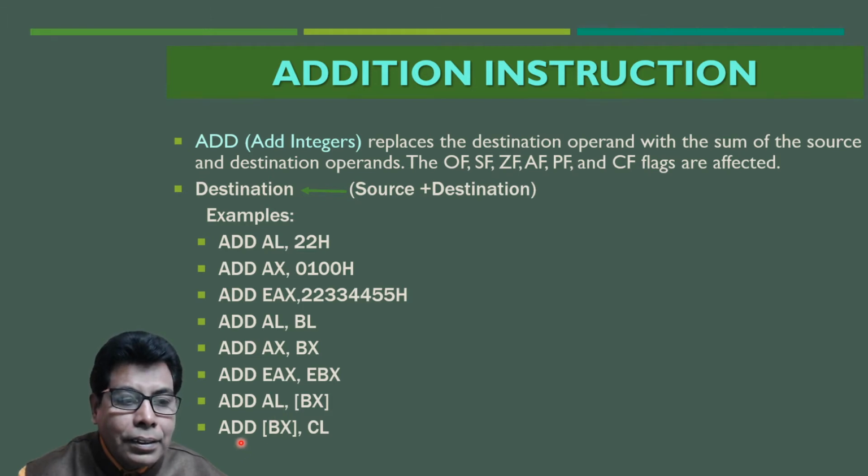In the last instruction, ADD [BX], CL. Here CL is an 8-bit source and [BX] is the memory pointed to by the BX register. So the addition will take place and the result will be stored in the memory pointed to by BX.